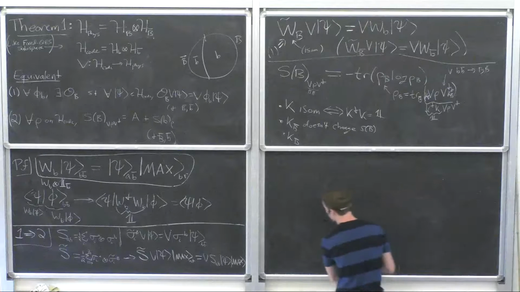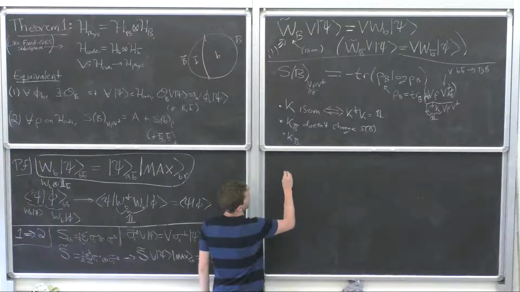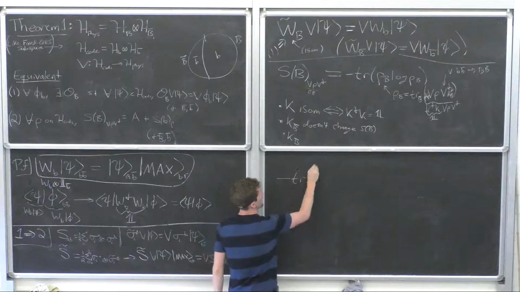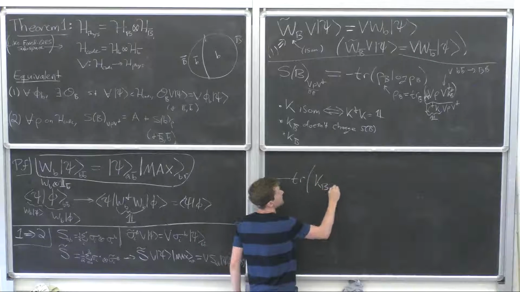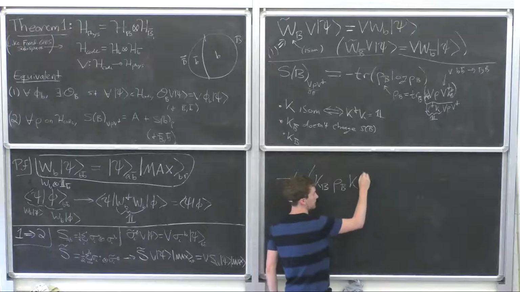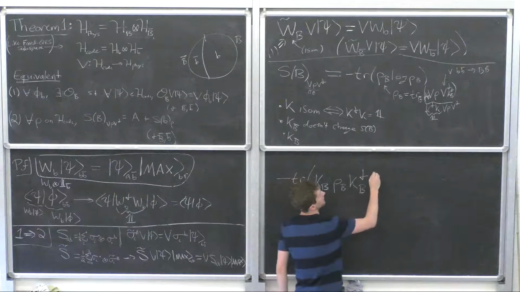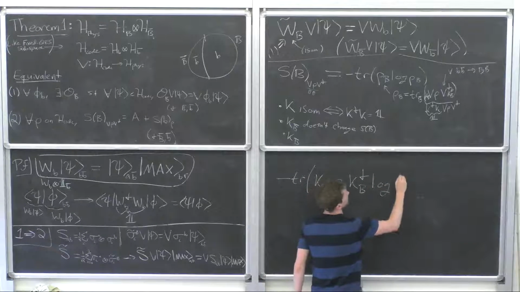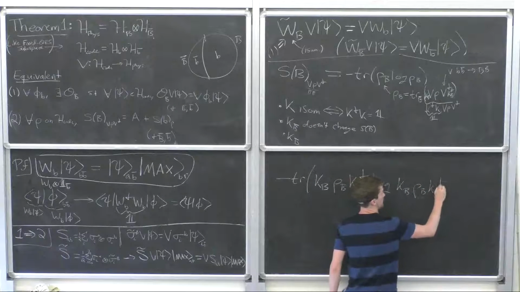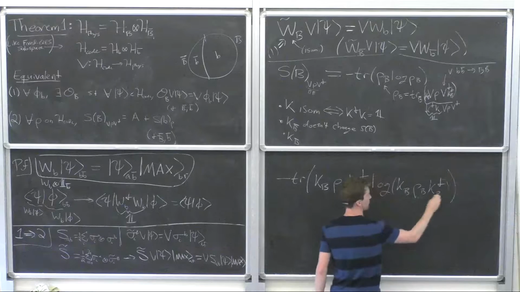We would send it to minus trace of K_B rho B, K_B dagger log K_B rho B, K_B dagger, right? This is in the log.